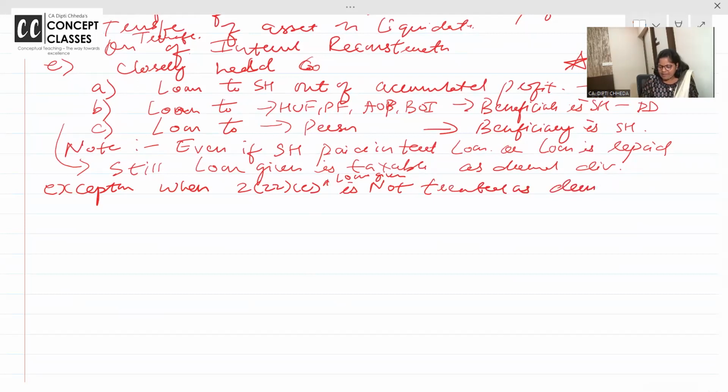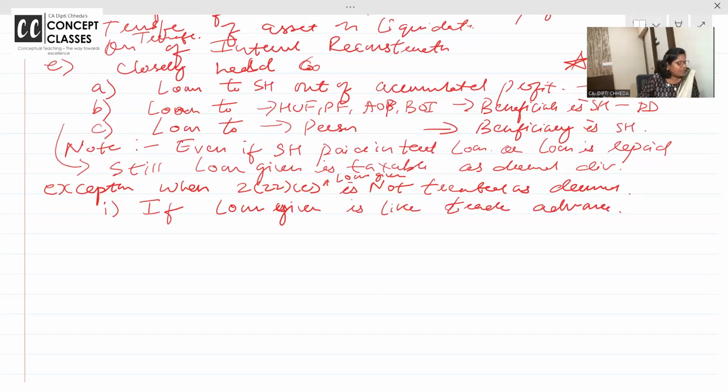You know, there are cases where a closely held company, a private company, is giving money, but it is not treated as deemed dividend. First is, if loan given is like a trade advance. I'll explain the meaning, you all write down.